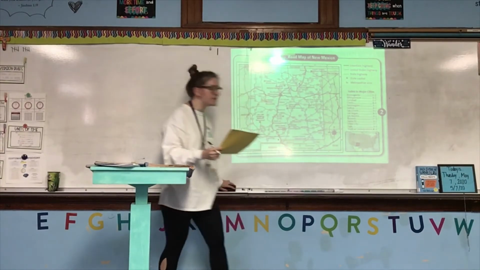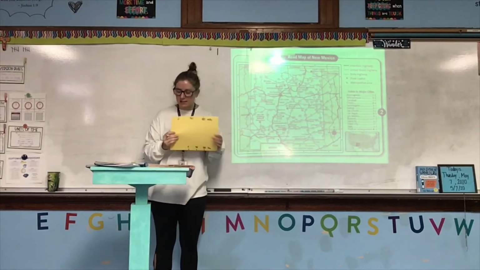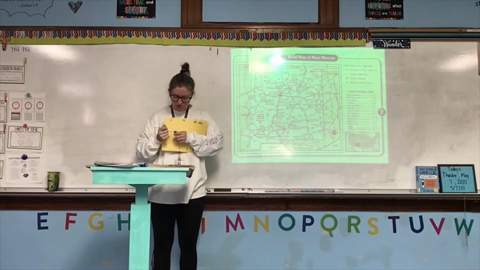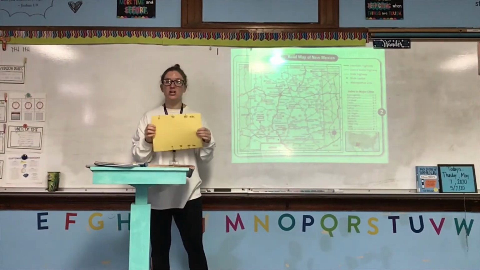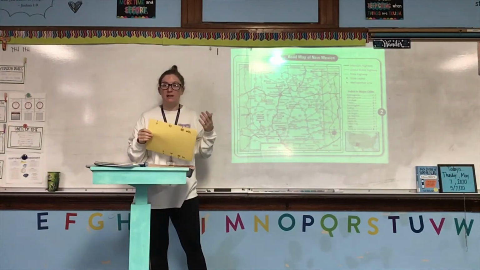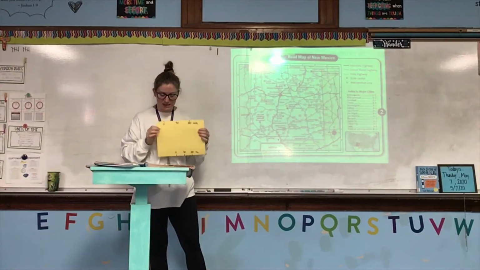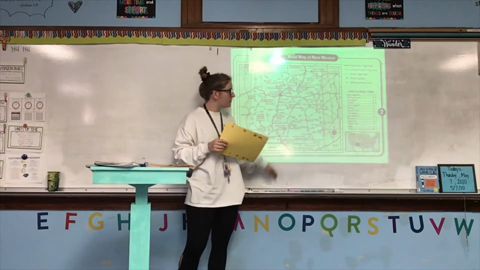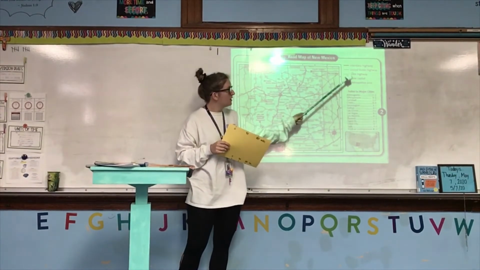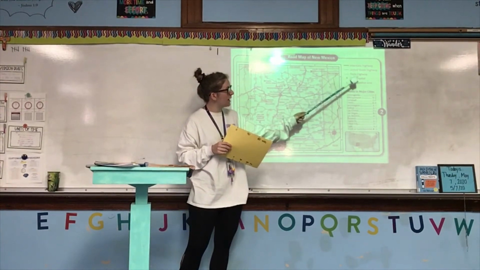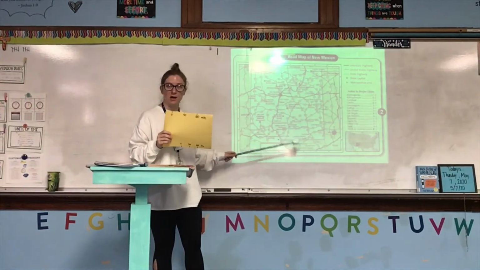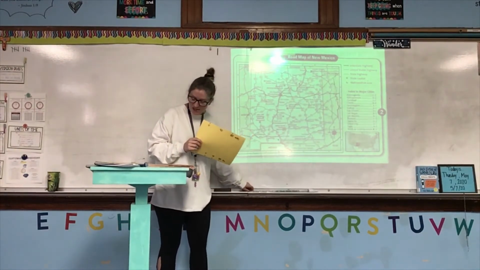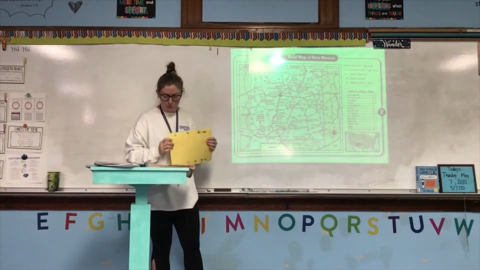And you can use that just like we did before when we used a map scale. You can use that to figure out the distance between 2 places. So now that we know the difference between interstate highways, US highways, state highways, and we have our measurements for our map scale, let's answer these practice questions.